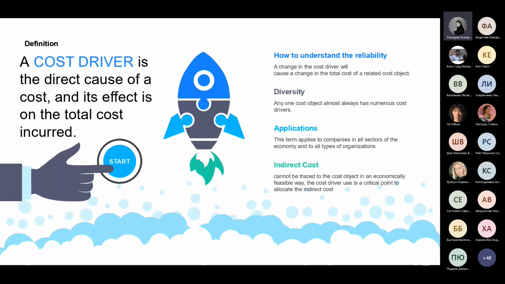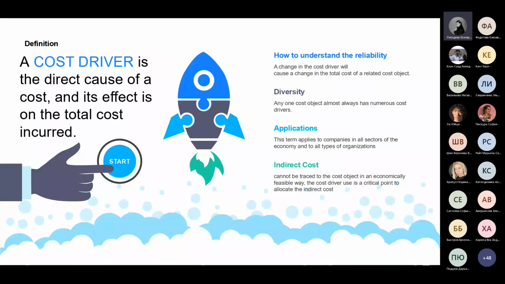This term, the cost driver, is applied to companies in all sectors of the economy and all types of organizations. So if the company is producing items, or if the company is providing services, in every case we can identify the specific cost driver.